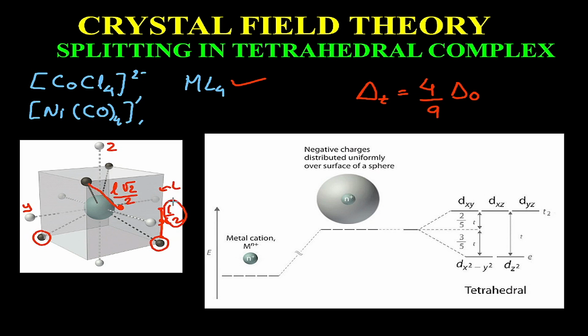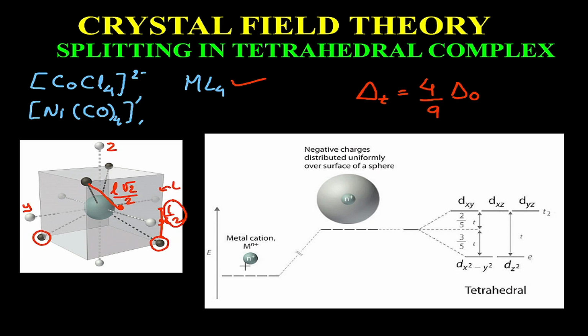This is greater as compared to L by 2, and as a result the orbitals dxy, dyz and dxz are closer to the ligands as compared to the axial orbitals. So the electrons of dxy, dyz and dzx will experience more repulsion as compared to dx square minus y square and dz square.